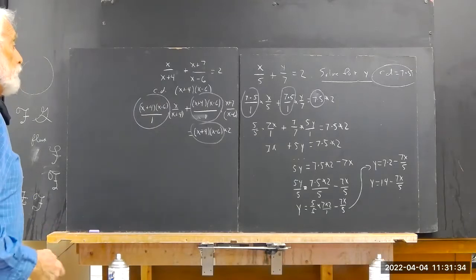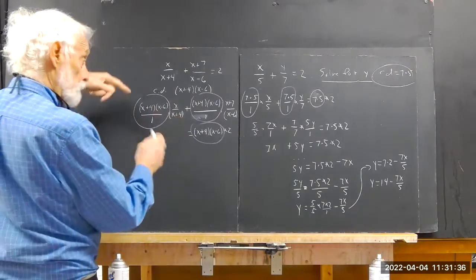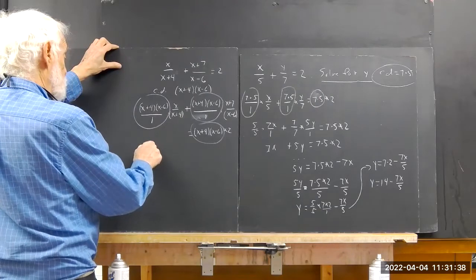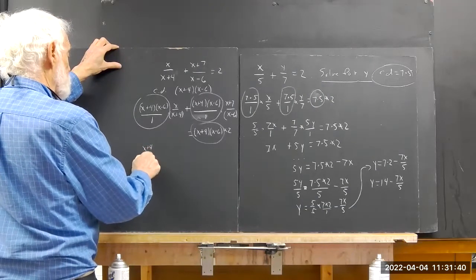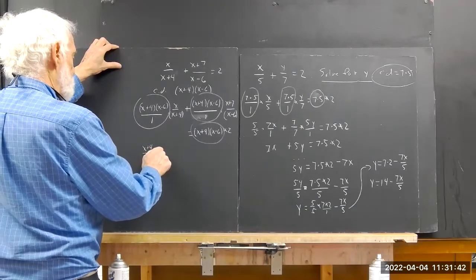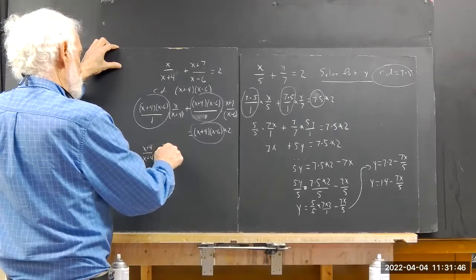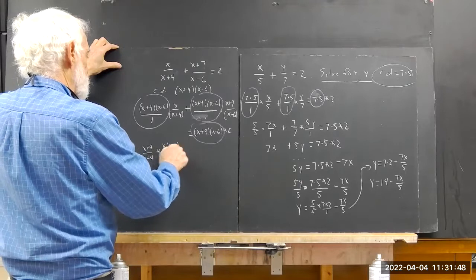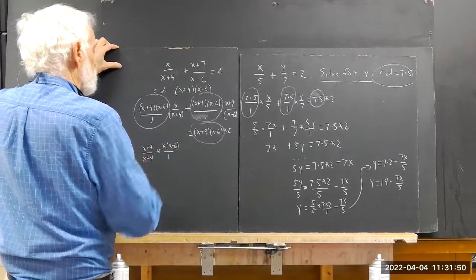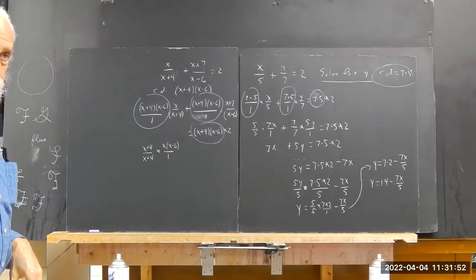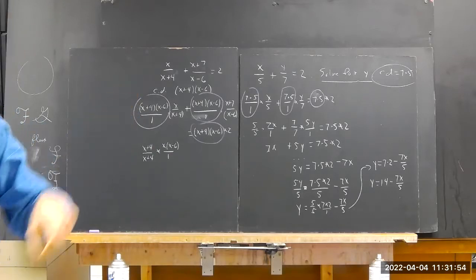Now, when I do this, how am I going to rearrange this? I'm going to rearrange this to x plus 4 over x plus 4 multiplied by x times x minus 6 over 1. Okay, got a question? Okay.